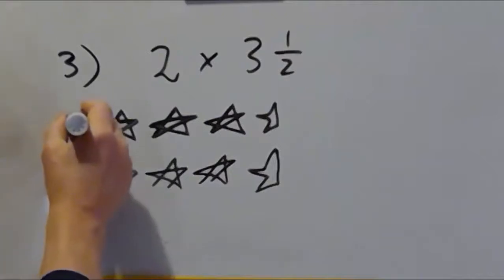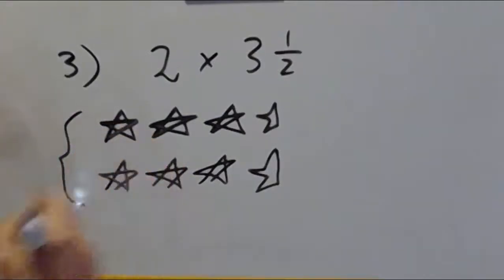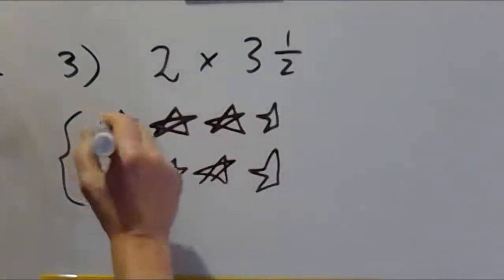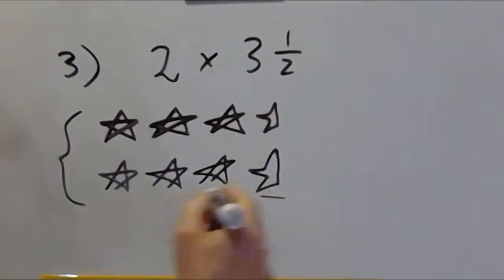So I have 2 rows here. They're the same thing. And it's 2 times. So here I have 1 row, 2 rows, and each of the rows has 3.5 stars.